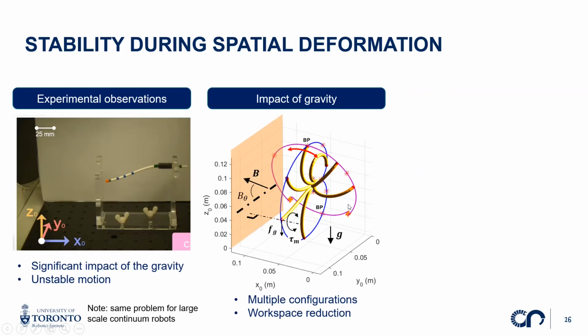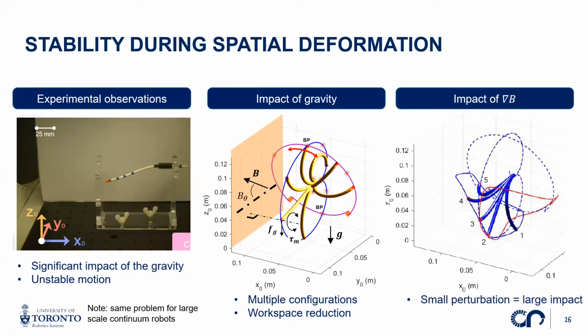This was very interesting because we could show for the first time the existence of multiple configurations for these robots, and observe this workspace reduction here. Because of gravity, we become unstable and cannot access all the deflection that we should normally access. We also studied the impact of small perturbations on the robot, because the magnetic field also has a gradient.